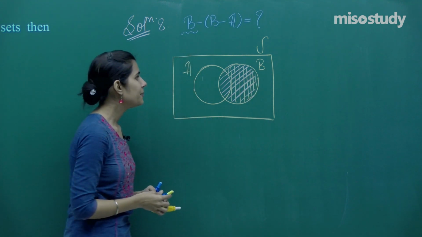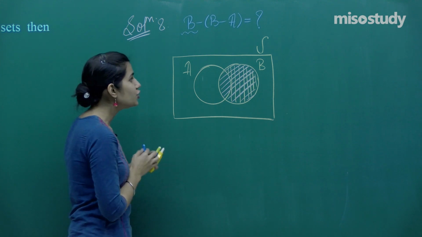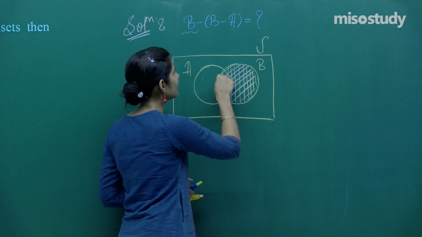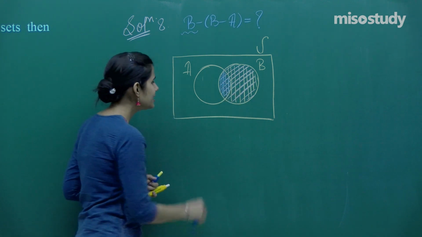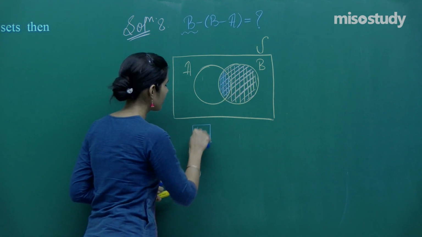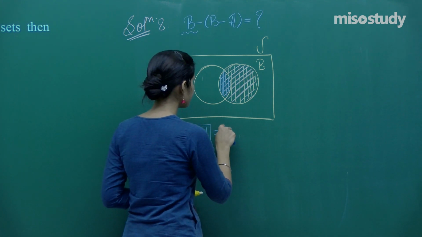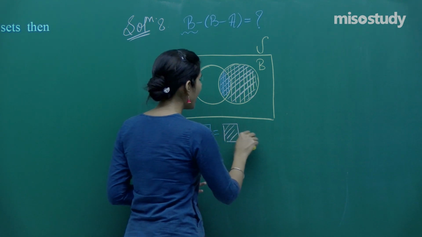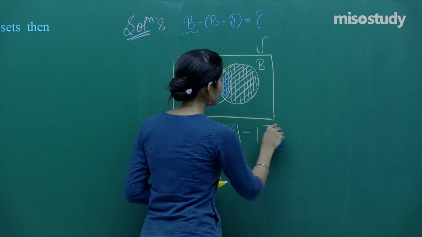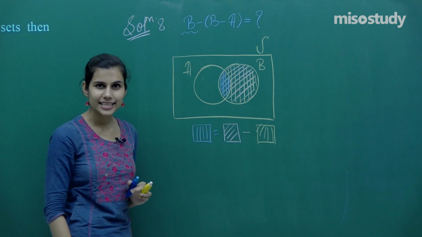From the entire B, just remove the yellow shaded lines and you will be left with this. That means this is obtained once from the set B I subtract the set B minus A.